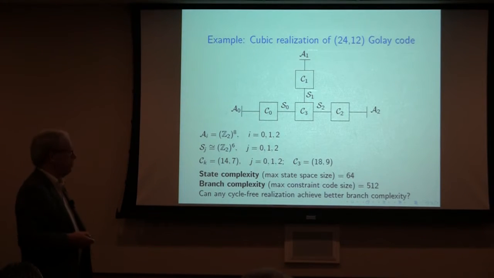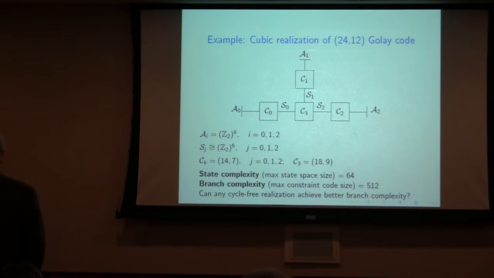All right, here's another non-trellis but still cycle-free representation of this same code. Here we take the bits 8 at a time. We constrain each of these 8 down to a state space of size 6. So none of the state spaces here is larger than 64. This is a 64 state cycle-free graph realization of the Golay code.